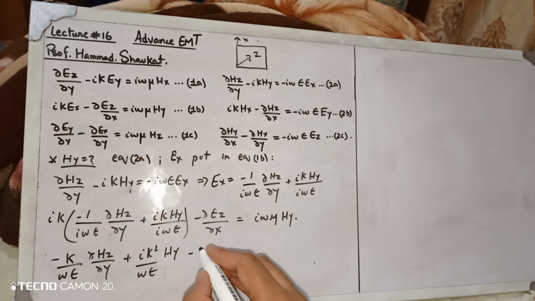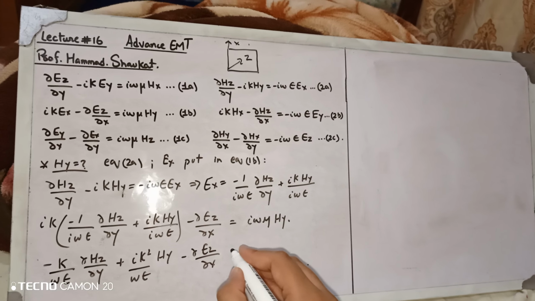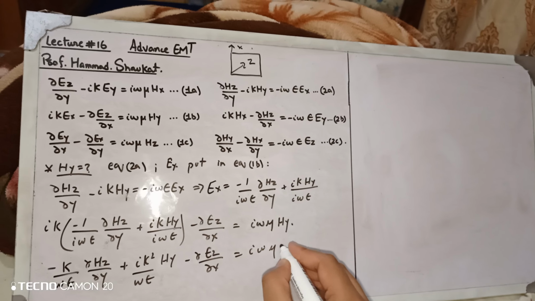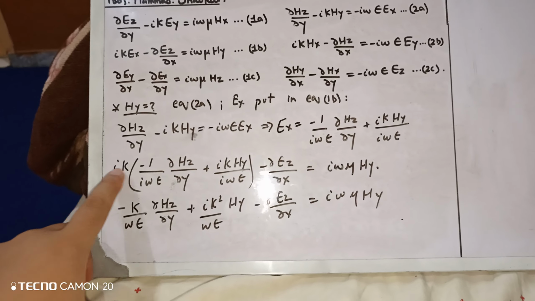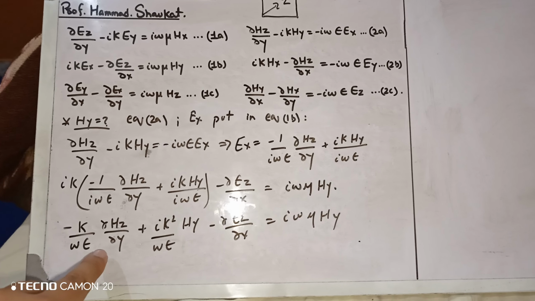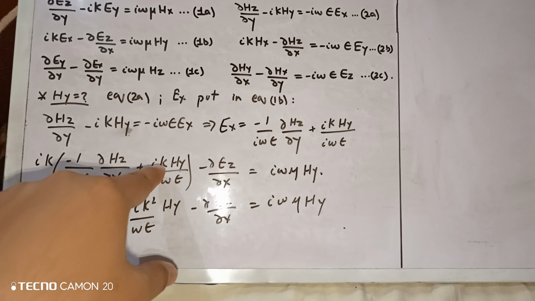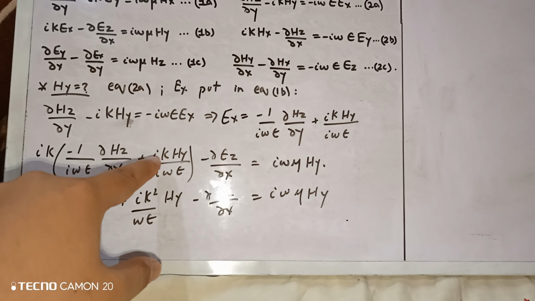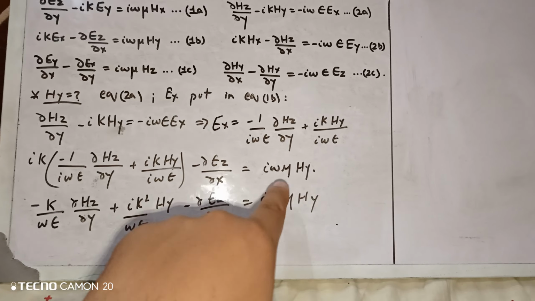Minus partial Ez divided by partial x equals iota omega epsilon Hy as it is. Here you can see we just multiply this with this, iota cancels with iota, you will only be left with minus k, and here iota cancels with iota, so iota k square and this as it is and this as it is.